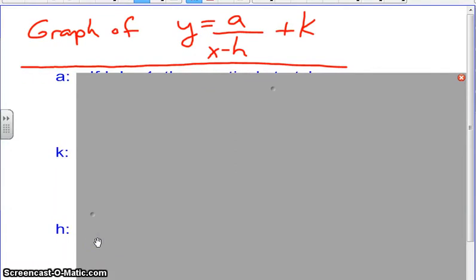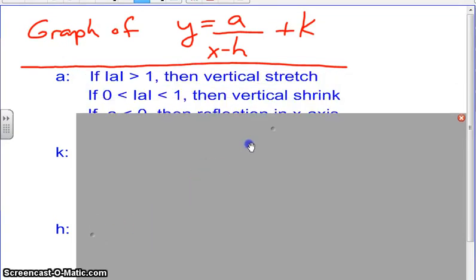So what about a? If a, the entire value you're multiplying by, is greater than 1, what happens? Stretch. Good. And if that entire value is a value between 0 and 1, like 1/2, 1/4, shrink. What if the a value is negative? -2. Reflection. Good. So you have all those things.